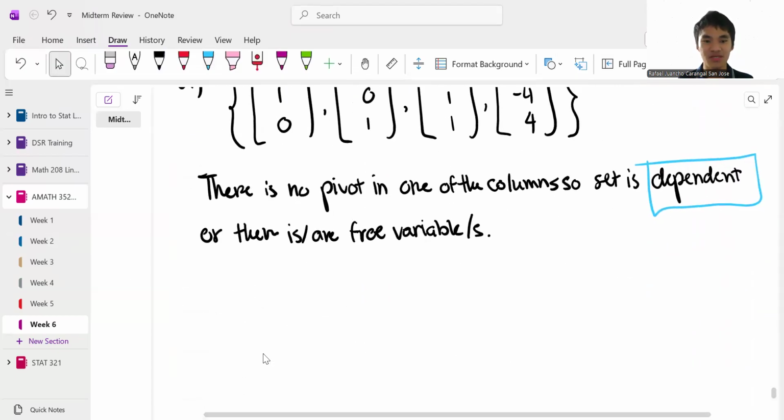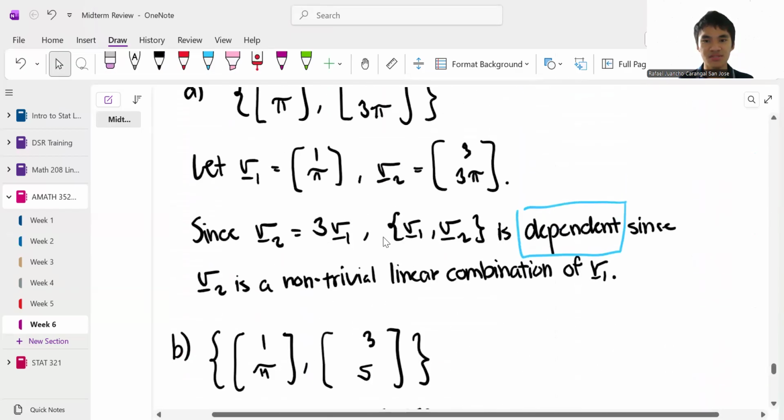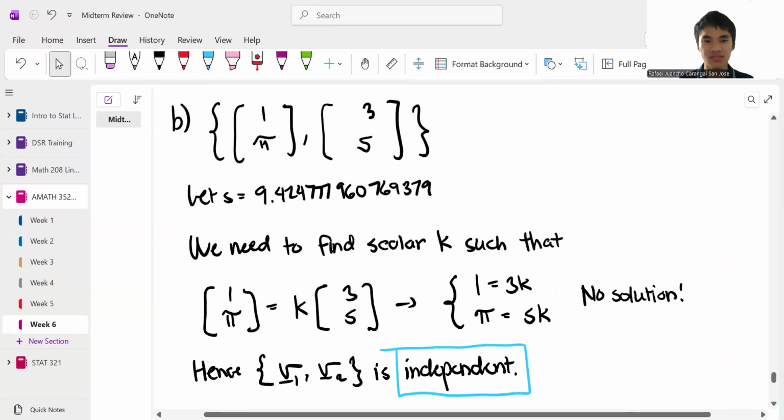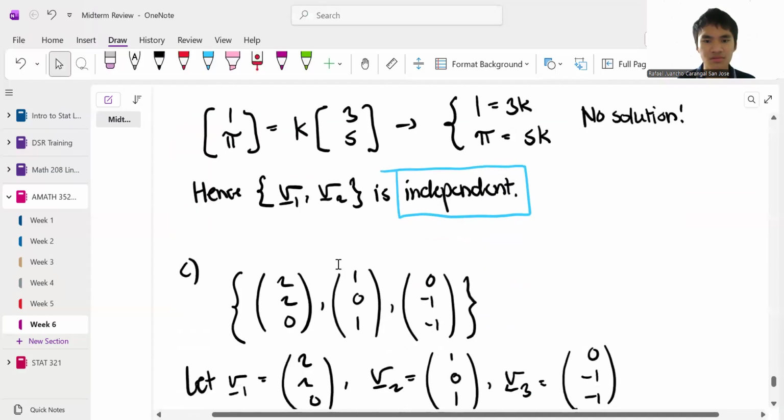So if we check the answers, let me see. The first one's dependent, yeah. Second one is, what is this? Independent. Yeah.